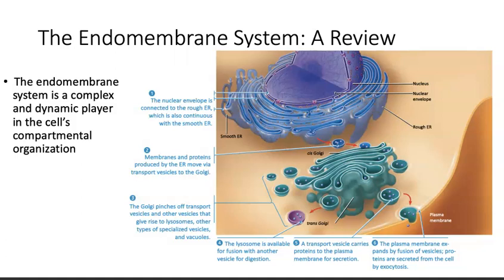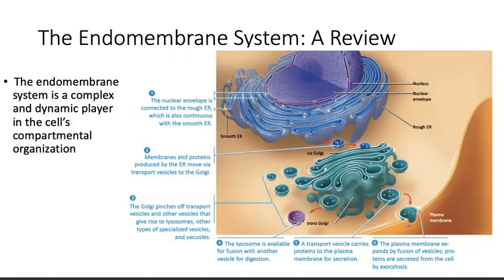Products that are manufactured in the ER are budded off from the ER into structures called vesicles. Those vesicles move towards the Golgi apparatus and are absorbed by the Golgi apparatus. As they move through the Golgi, they are modified and changed and packaged into different structures.